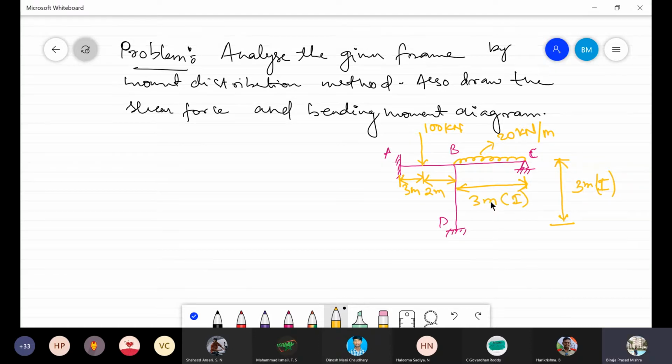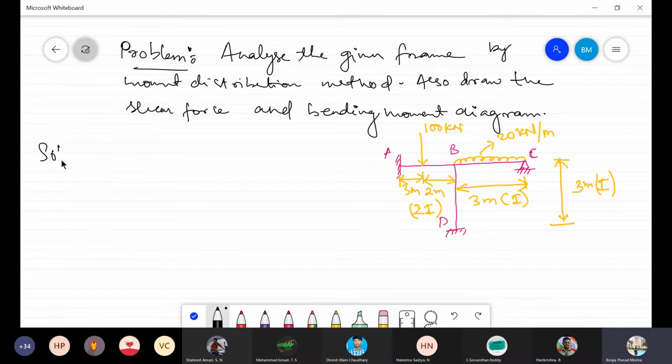This is also I, and this one is having 2I. This one is having 2I. Okay, so analyze the frame by moment distribution method.